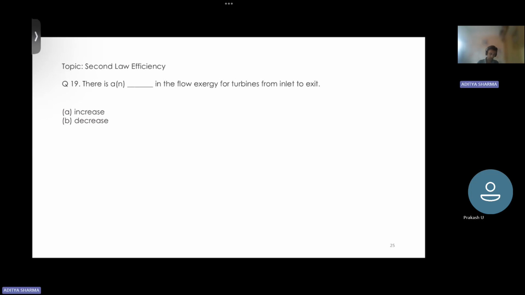So when the flow moves from inlet to exit of a turbine, what happens to the exergy of the flow? This is what the question asks.